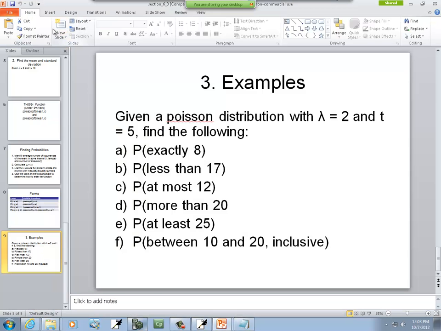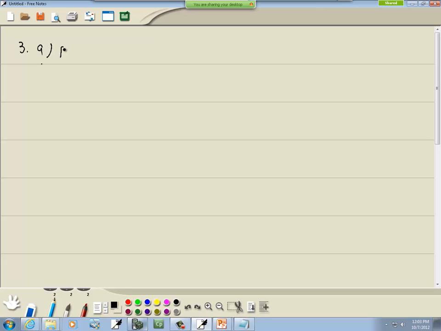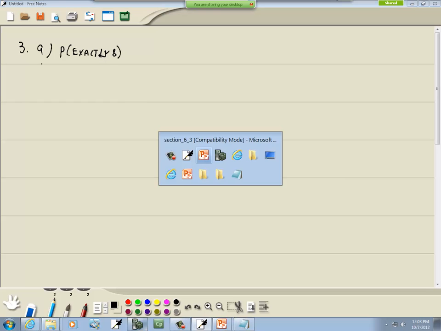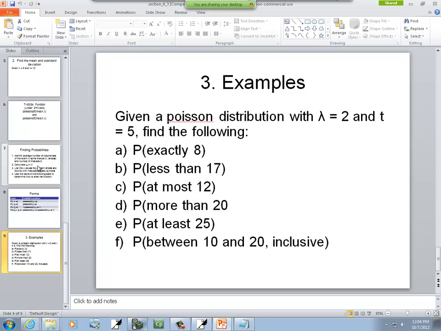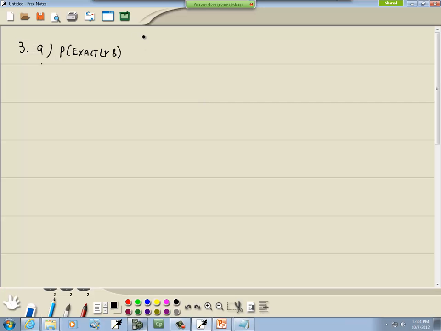So A. We've got probability exactly 8. Actually, I guess I should write this stuff down. Poisson distribution with lambda t, where lambda is equal to 2, and t is equal to 5.